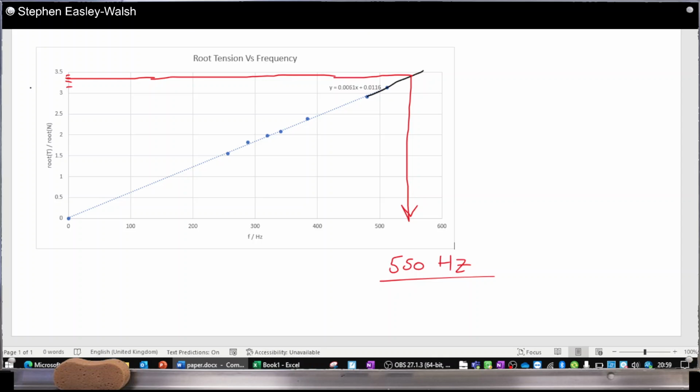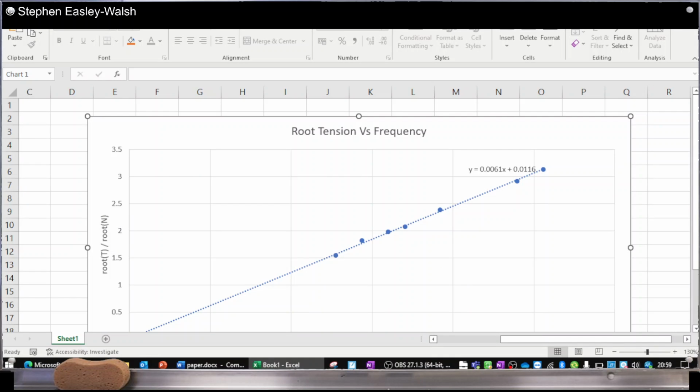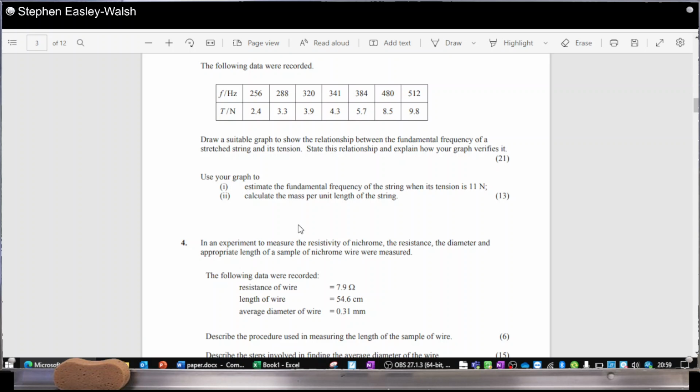Okay, and then the last part here is calculate the mass per unit length of the string.